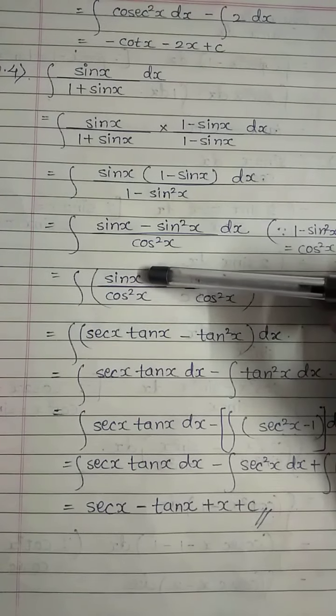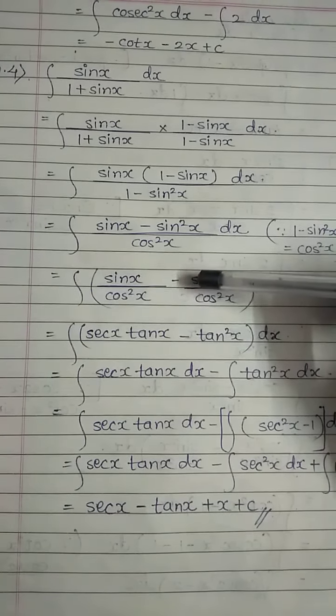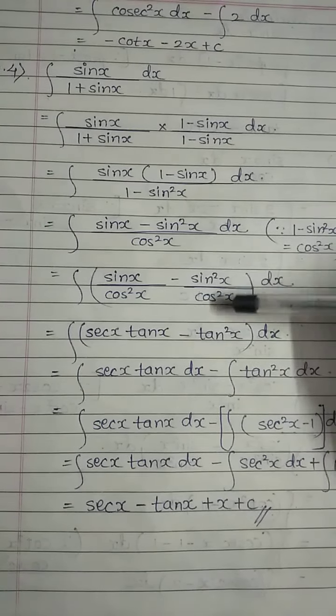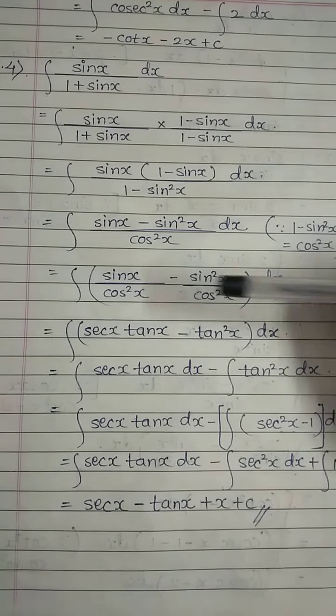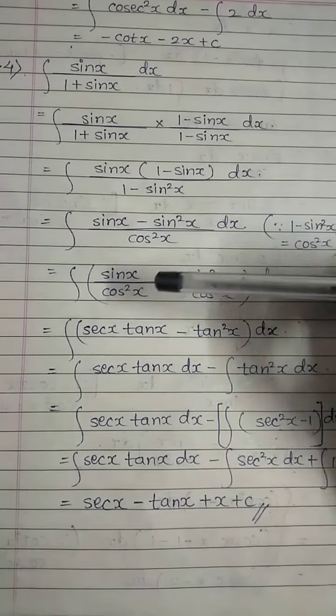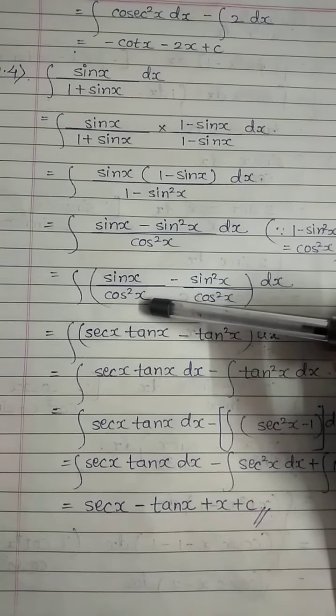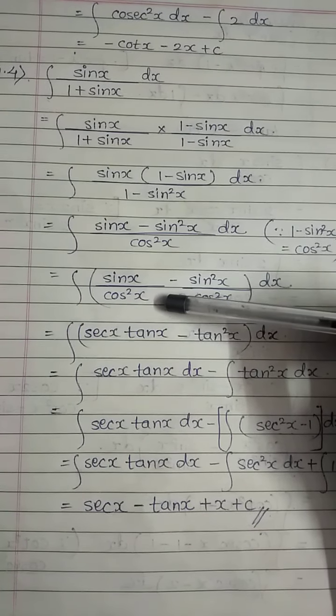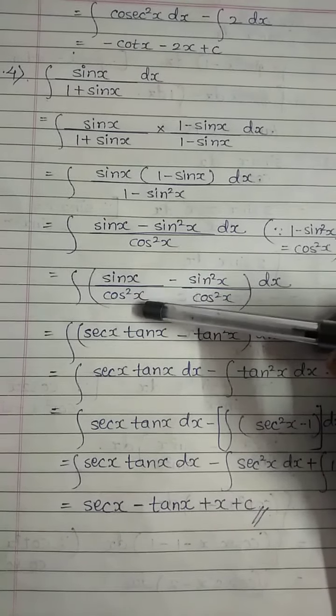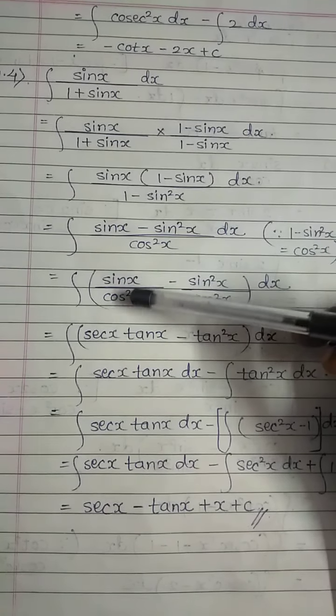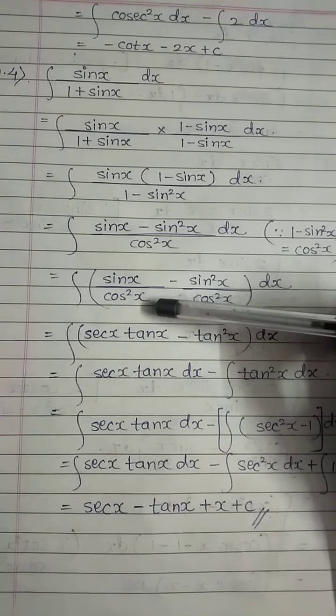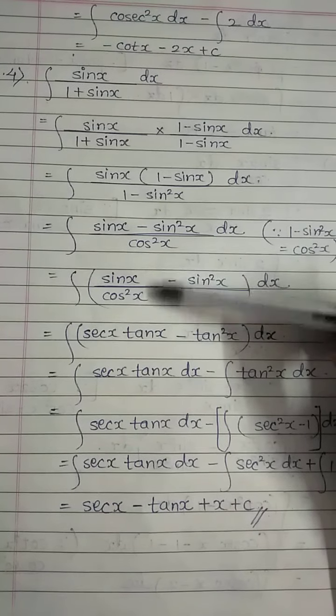So we will get sin x upon cos square x minus sin square x upon cos square x dx. Now when we simplify this, since two cos terms are present in the denominator, one cos term we will write for sin, that is sin upon cos, and one cos term will be as it is, that is 1 upon cos.